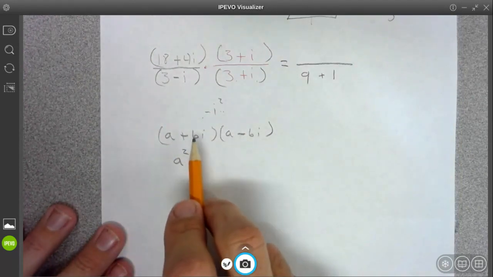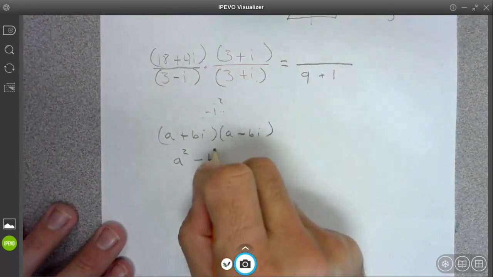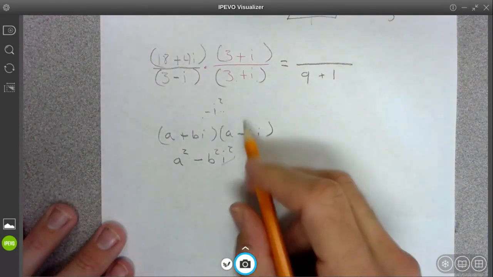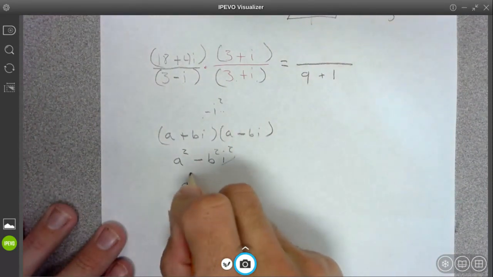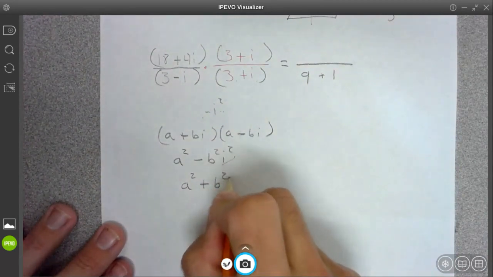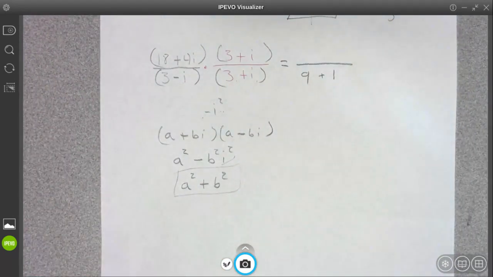You get bi times negative bi, so you get negative b squared i squared. But the i squared changes that sign. So what you end up with is a squared plus b squared. That's a little interesting.